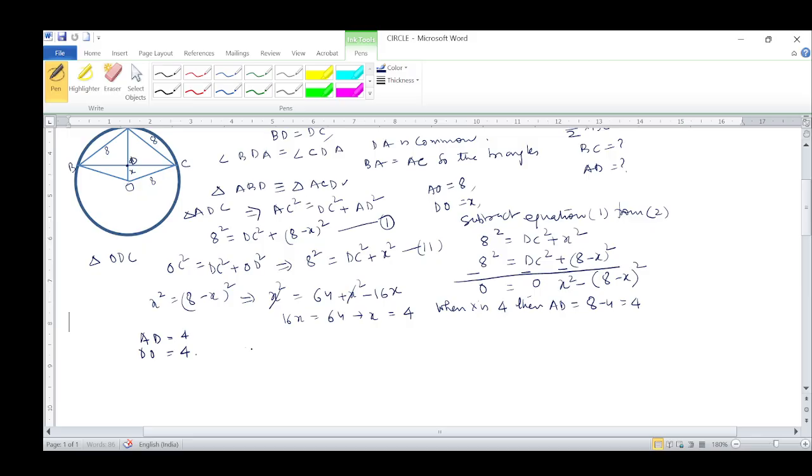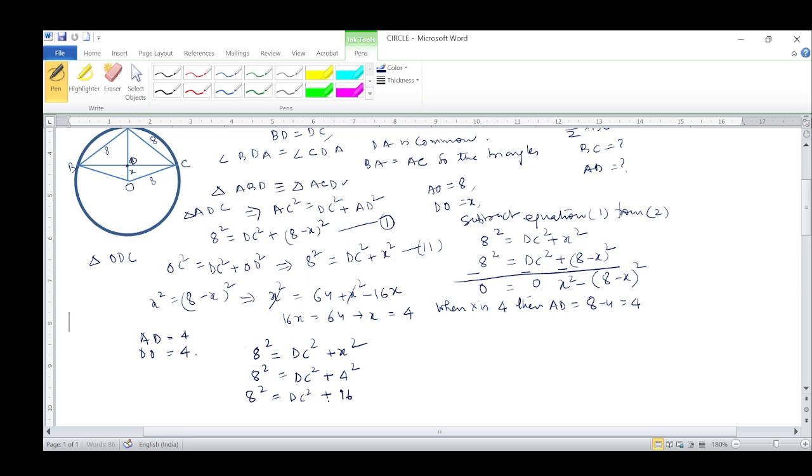OC square is 8 square, apply this: DC square plus x square. 8 square is equal to DC square, which is not known to us, plus x is equal to 4, so it is 4 square. So 8 square is equal to DC square plus 16.